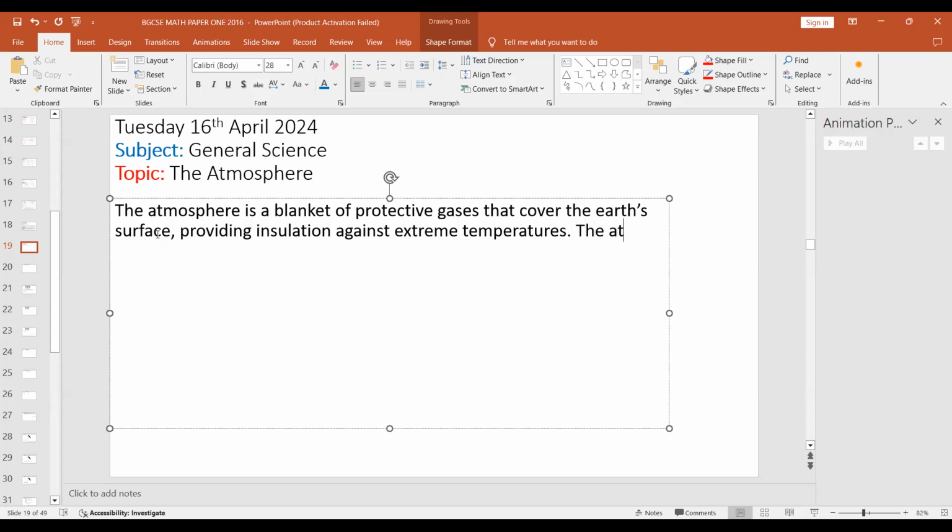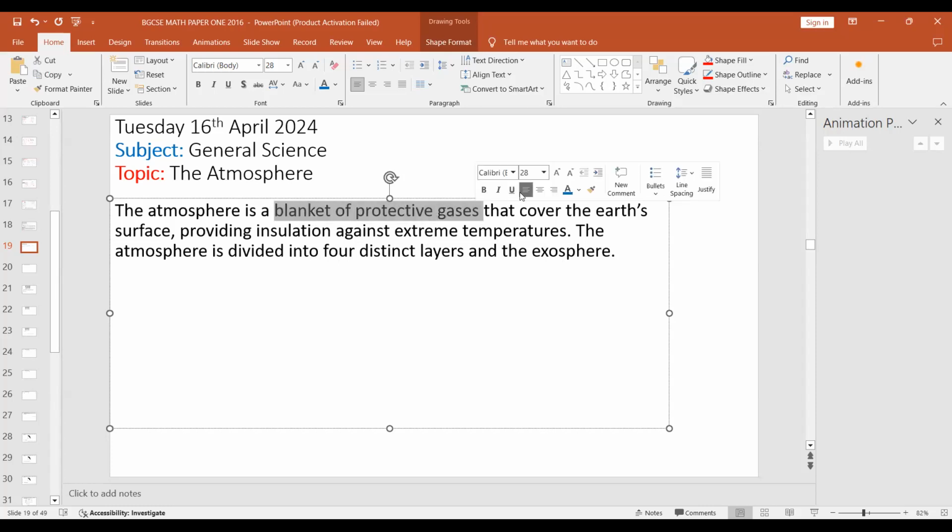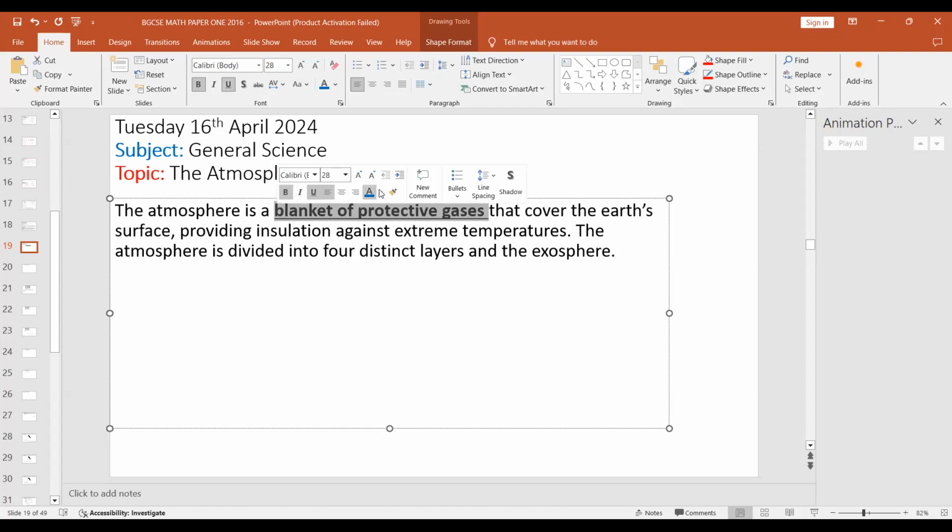The atmosphere is divided into 4 distinct layers and the exosphere. So if we were to define the atmosphere, we'd say it's a blanket of protective gases, right? And it covers the Earth's surface. So let me just highlight it's a blanket of protective gases.